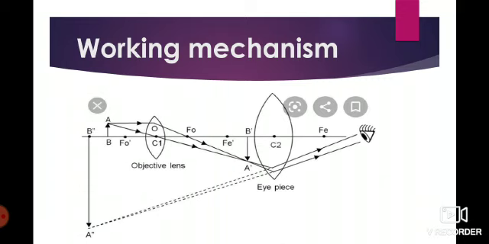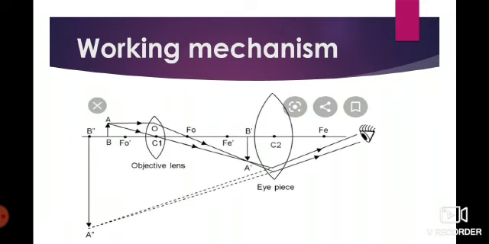And if the position of the eye lens is adjusted, then the image A dash B dash falls within the principal focus of the eyepiece. If you change the position of the eye lens, the image falls within the principal focus of the eye lens, and it forms a virtual, enlarged and erect image that represents B double dash A double dash.